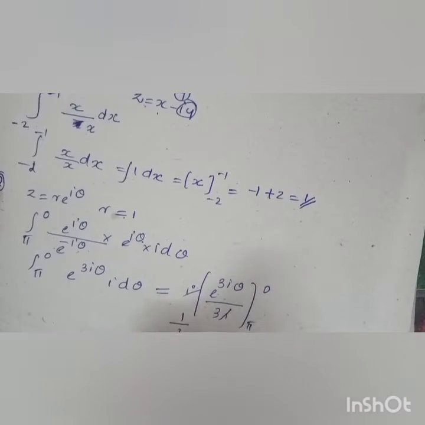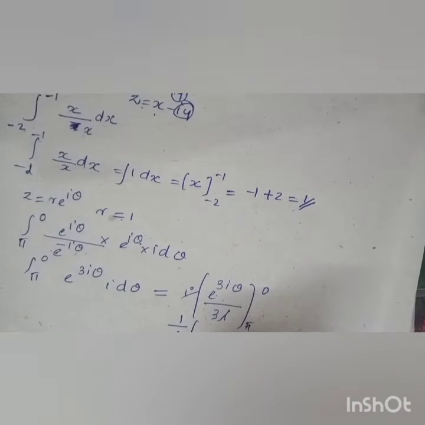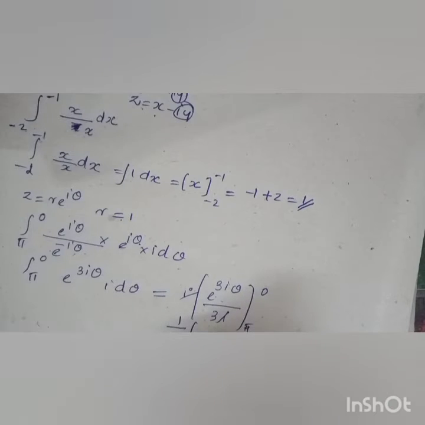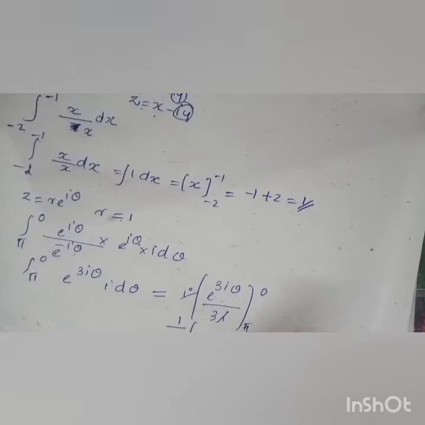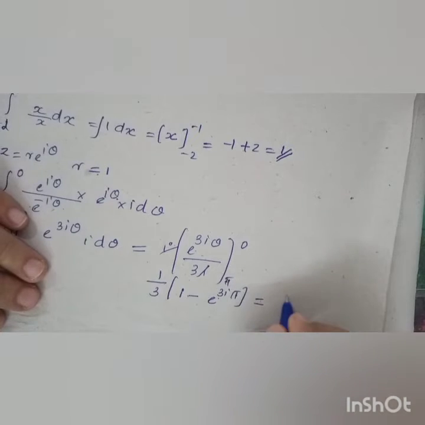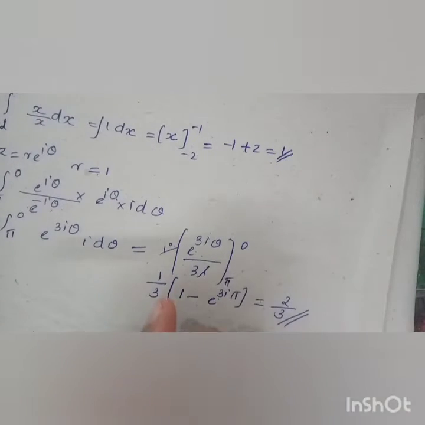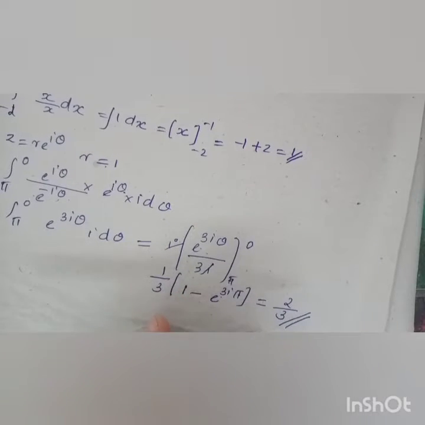So 1 by 3 times e raised to 0, which is 1, minus e raised to 3i pi. e raised to 3i pi means cos 3 pi, that is minus 1. So that is 2 by 3. So this is after integration along the curve.